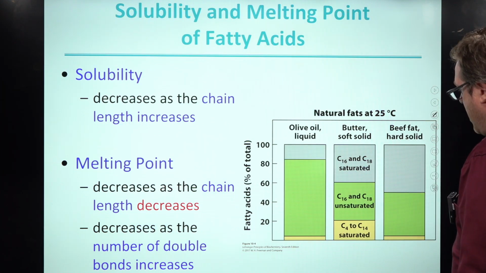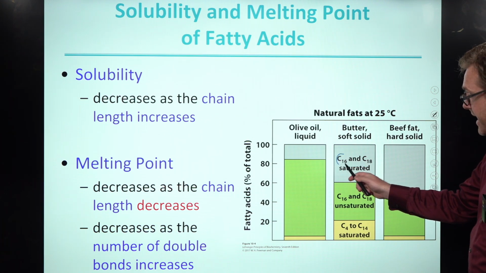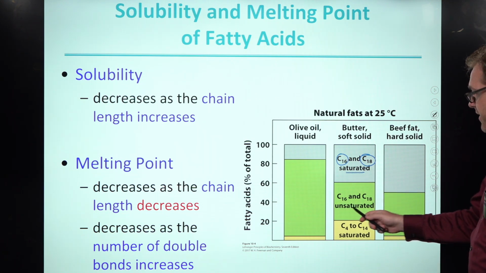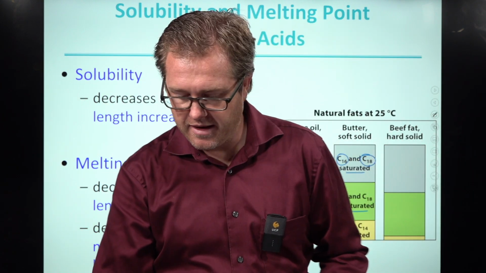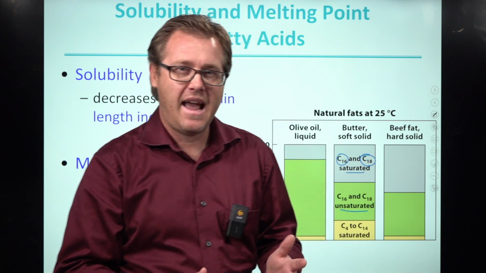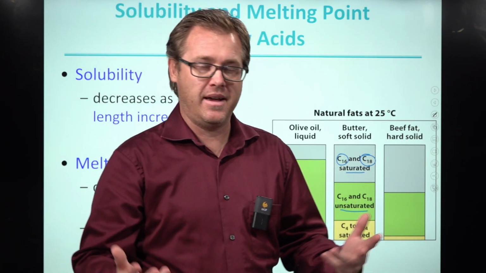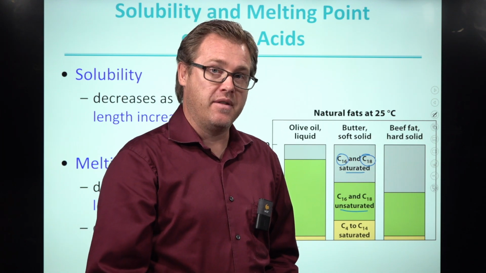So when you look at this slide a little closely, you can see the size, and then saturated versus unsaturated. So it's a balancing act. How many double bonds, how many carbons, all of this influences the melting temperatures of these fatty acids.